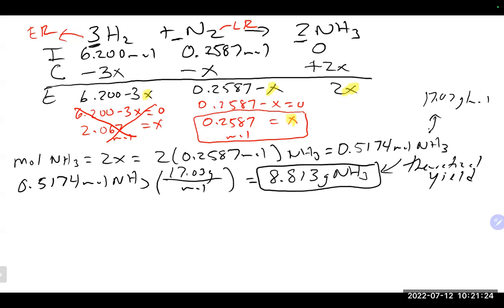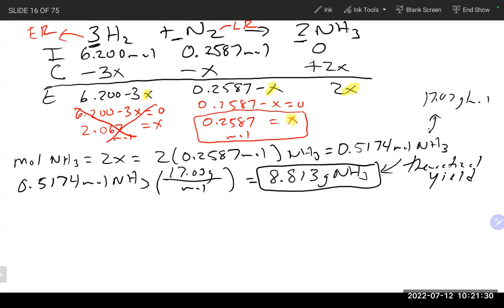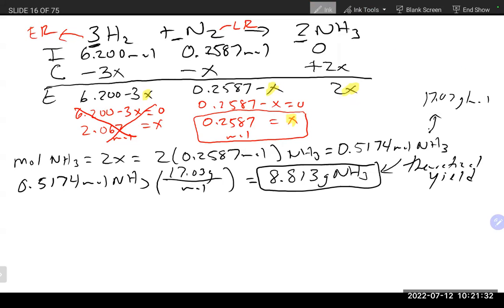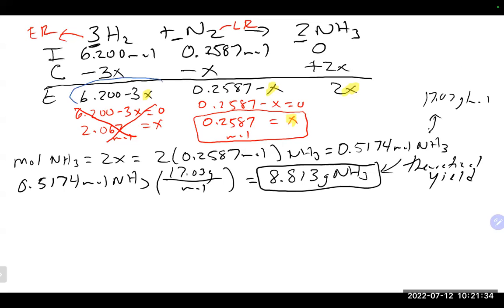Now, it wasn't asked in this problem, but once again, we could very quickly figure out how much of the excess reagent was left over. And if we wanted to do that, we would go back to our table and see that this is our excess reagent. So if we wanted to do that, which is a very common question, we would take 6.2 minus 3 times the X, which was 0.2587.